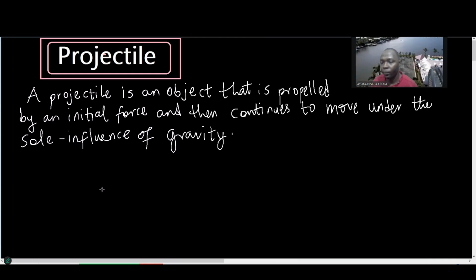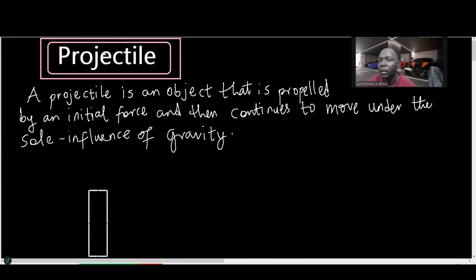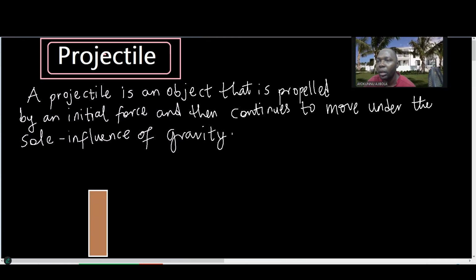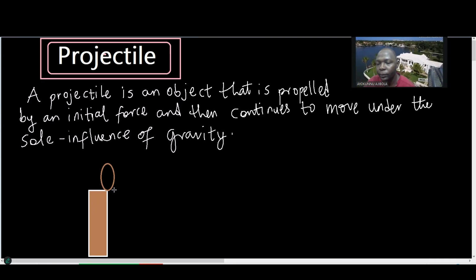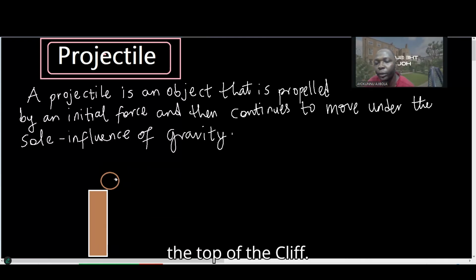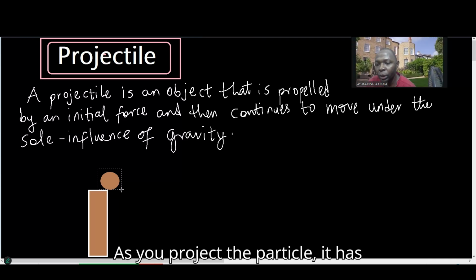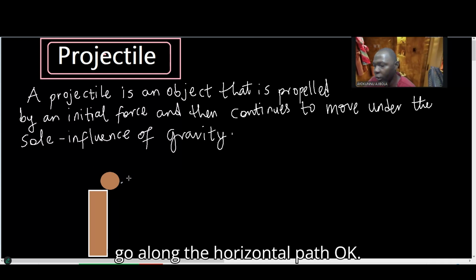For example, if you have a cliff, let's say this is a cliff, and from the top of the cliff, you want to project a particle. As you project the particle, it has a tendency to go along the horizontal path, okay?